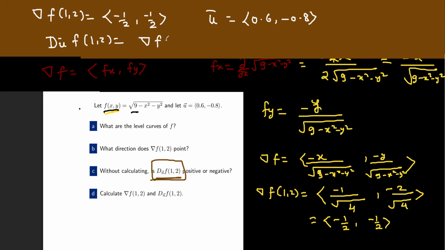The formula is grad f dot vector u. Dot product with (0.6, minus 0.8). 0.6 into minus half is minus 0.3, and this is minus minus plus 0.4, so 0.1. It means the distance from the normal vector of f to the unit vector u is 0.1. This is called the directional derivative.